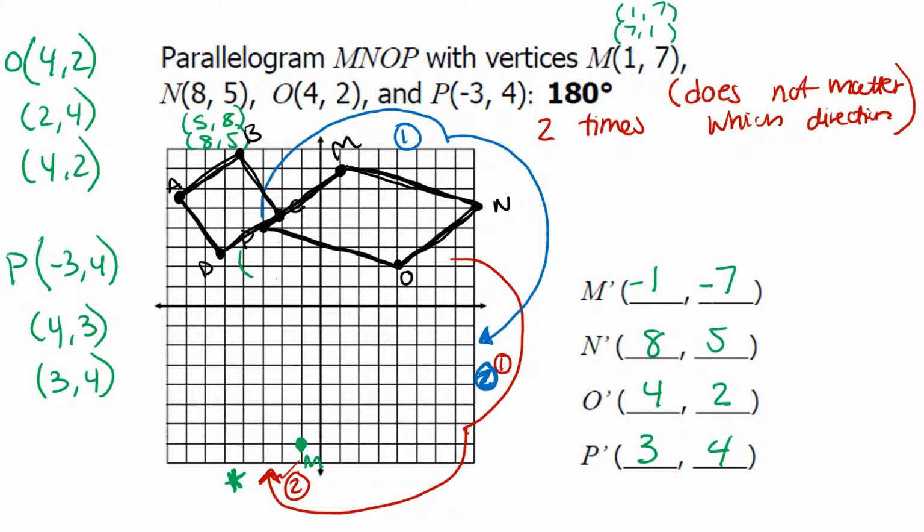Down 7 is negative. Same thing with letter N. We're going to go left 8, that's negative, and down 5, that is also negative. For letter O, we're going to go left 4, negative, and down 2, also negative.